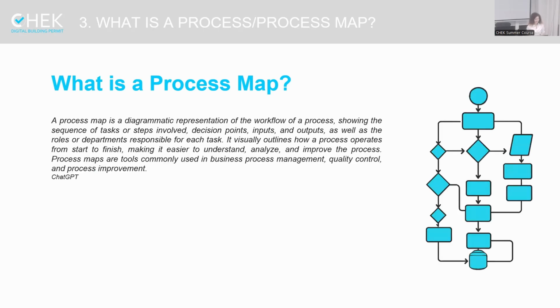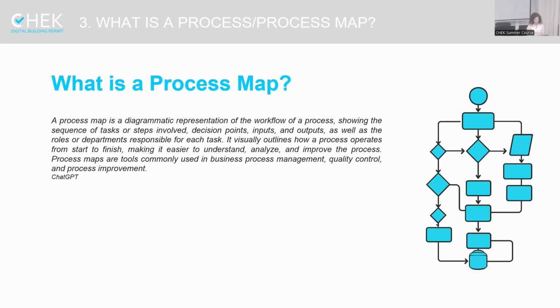So if you simply ask GPT, it will give this long definition. But as you said, simply a process map is a sequence of events with a start and an end that demonstrate the evolvement of events or the continuity of a process.